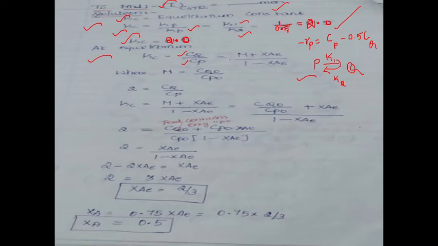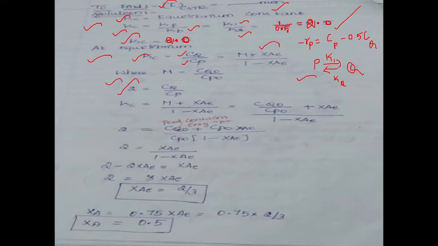That is equal to m plus XAE by 1 minus XAE. Here m is the molar ratio, and XAE is the equilibrium conversion. So m is equal to Cq naught divided by Cp naught. Cq naught is equal to 0, and Cp naught values are given. So take this expression: Kc is equal to Cq by Cp is equal to m plus XAE by 1 minus XAE. Kc is the calculated value 2.